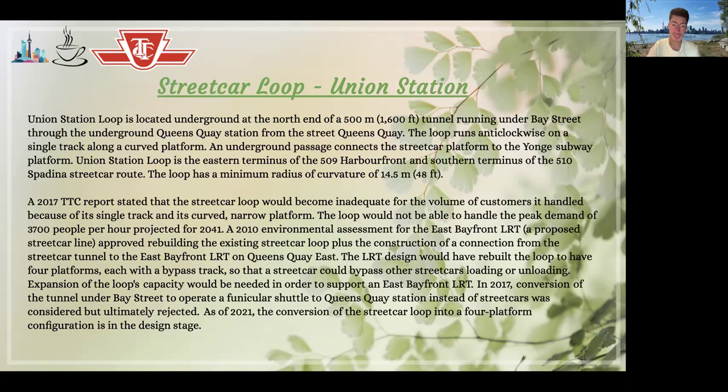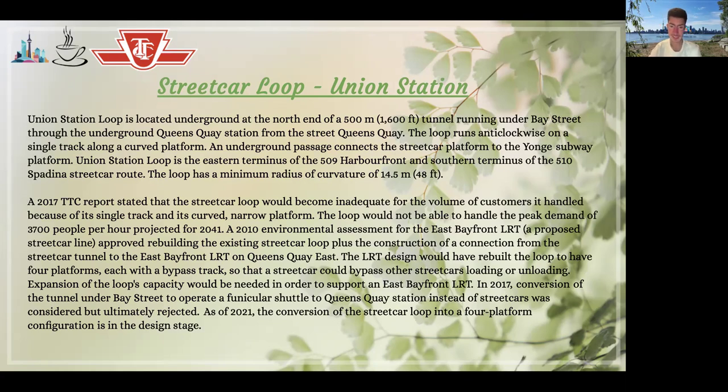Union Station Loop is located underground at the north end of a 500-meter or 1,600-foot tunnel running under Bay Street through the underground Queens Quay station from the street Queens Quay. The loop runs anti-clockwise on a single track along a curved platform.